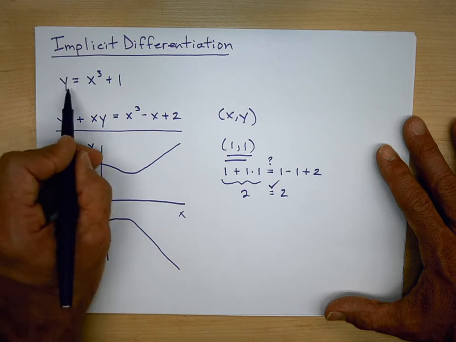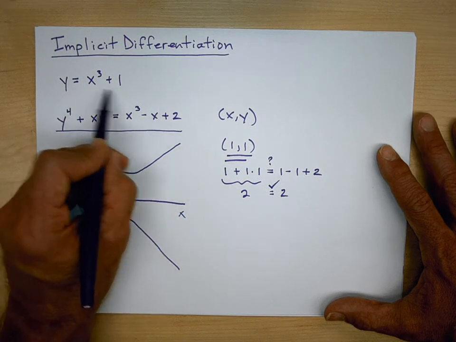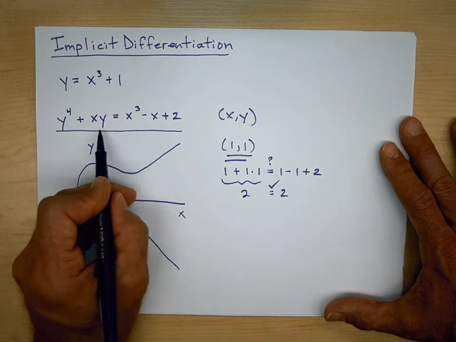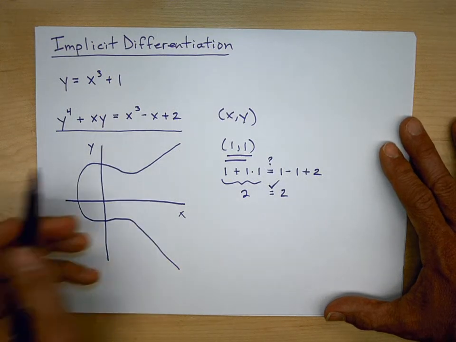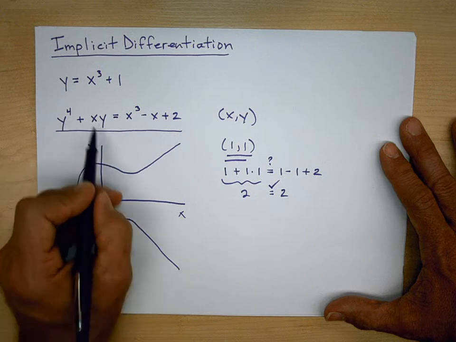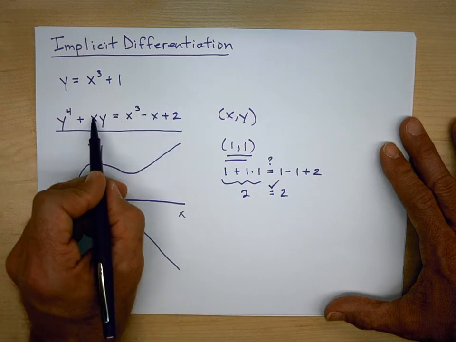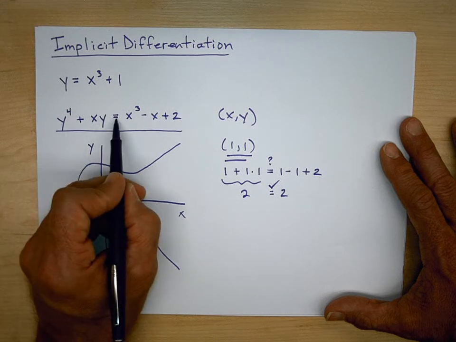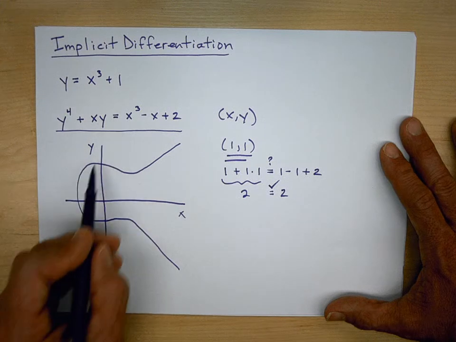Getting y by itself to the first power on one side, and everything else in terms of x and constants on the other, would be difficult, if not impossible. However, that doesn't mean y doesn't depend on x. As we change x, y would have to change accordingly to maintain this equality. So it does depend on x, but it's certainly not a function.